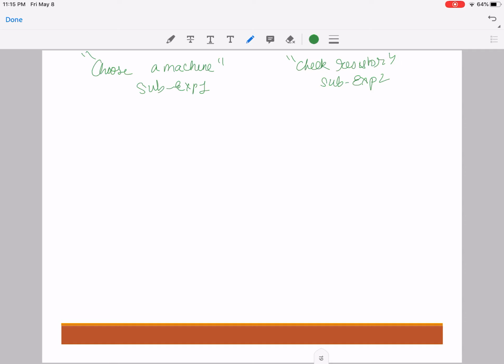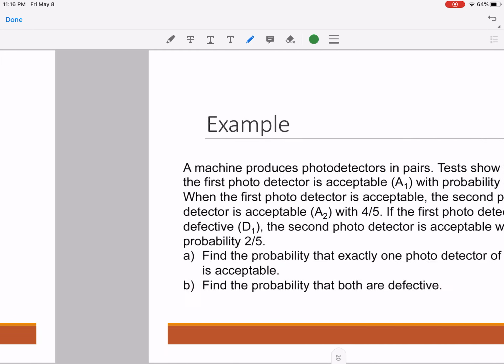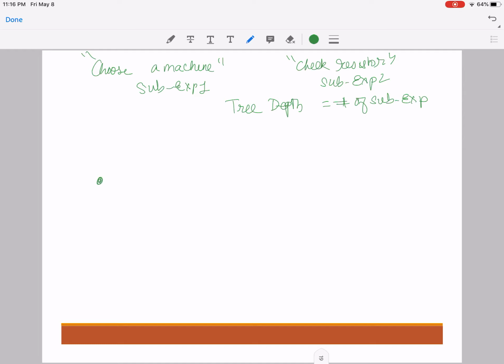So my tree diagram is going to comprise of these two sub-experiments. There's something interesting about tree diagrams, and that is the depth of the tree is equal to the number of sub-experiments. So in this case, the depth of my tree is going to be equal to 2. As follows. First, everything starts at the root.